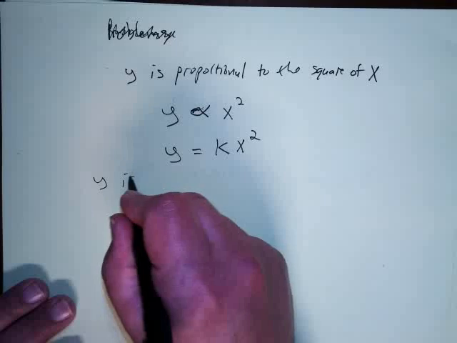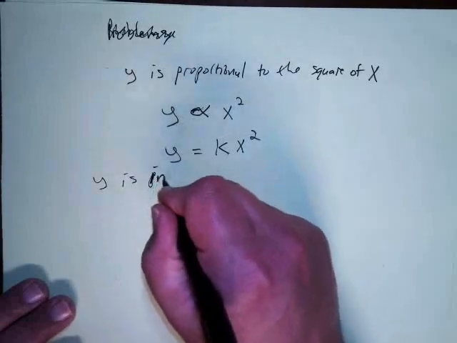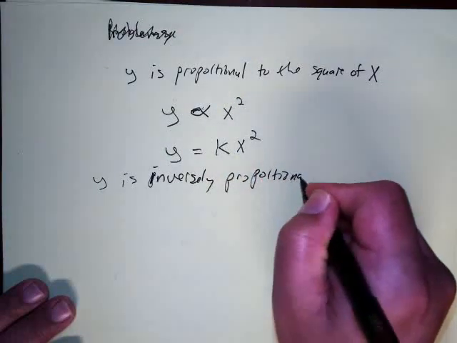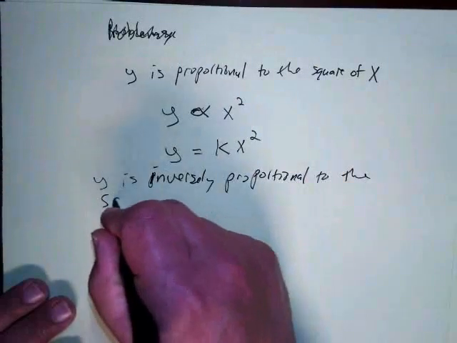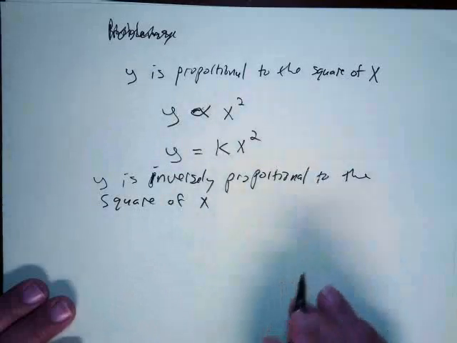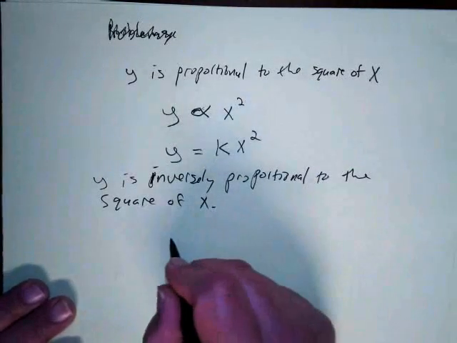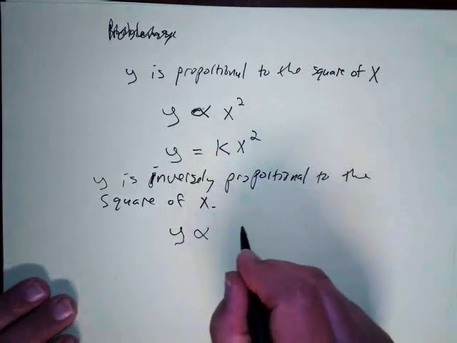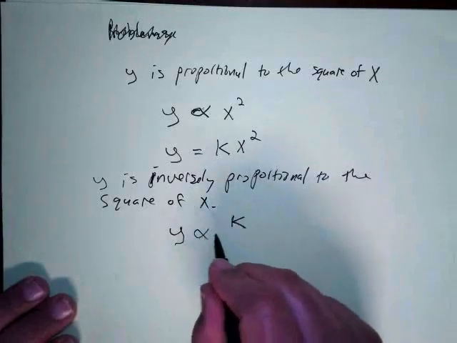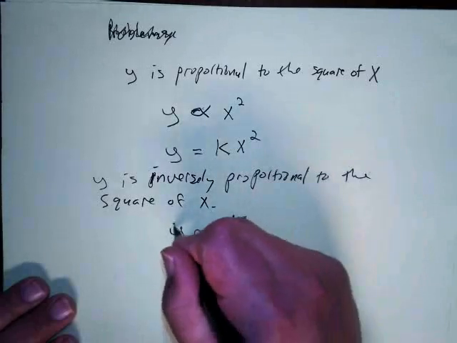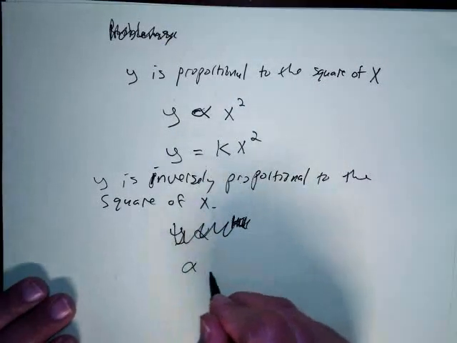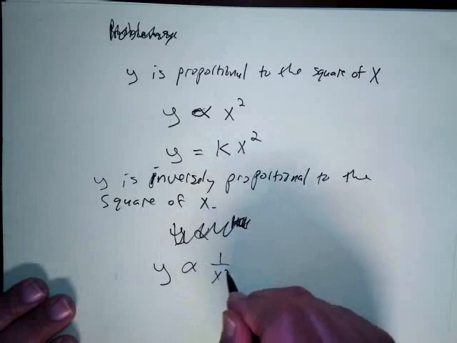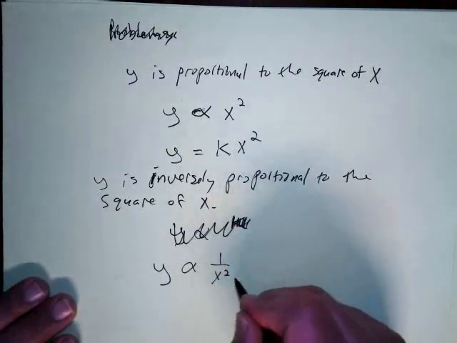You might have something that says Y is inversely proportional to the square of X. Y is inversely proportional to the square of X. So the inversely just means it's 1 over whatever this is.